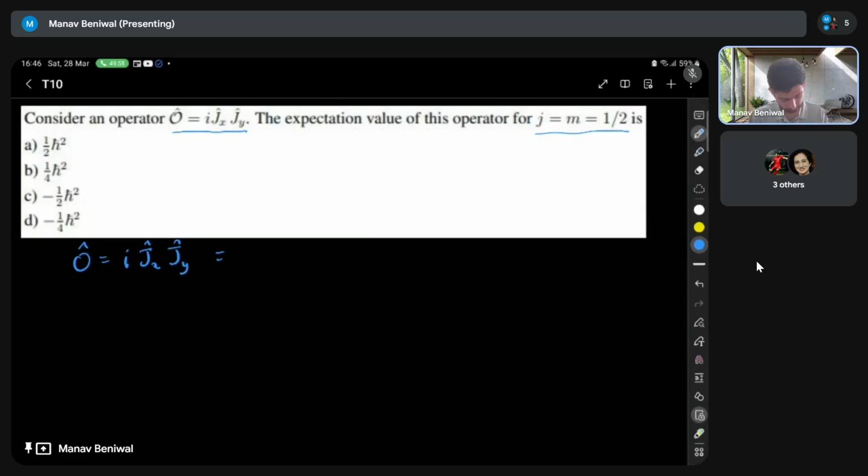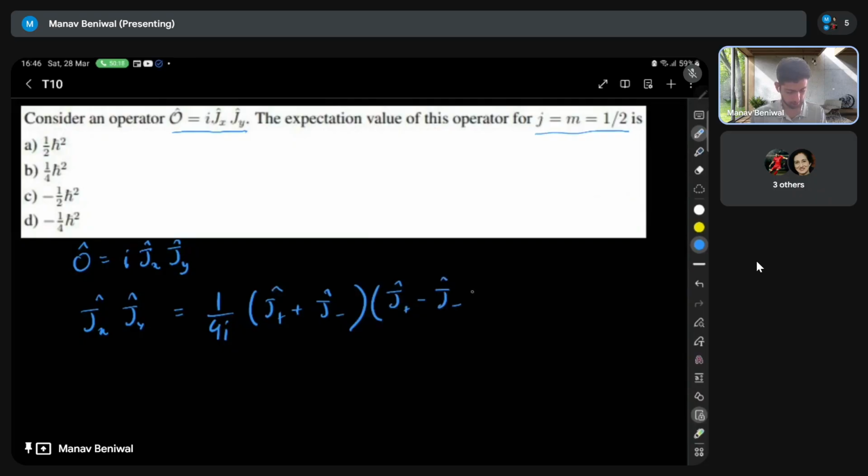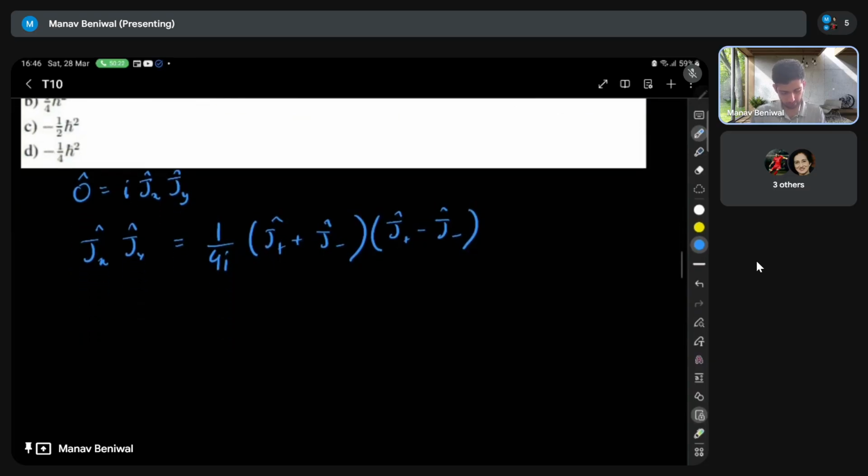So Jx Jy, what will this give us? This will give us 1 by 4 iota, and then J plus J minus multiplied by J plus minus J minus. So we will have 4 terms.